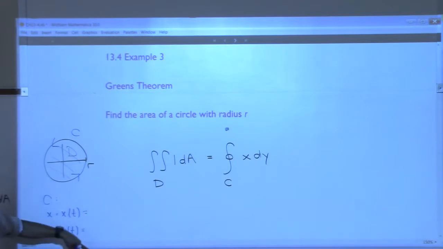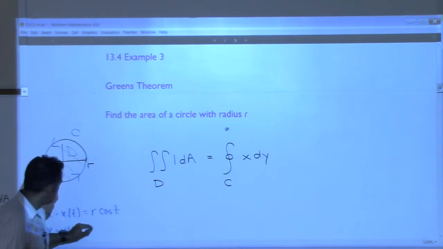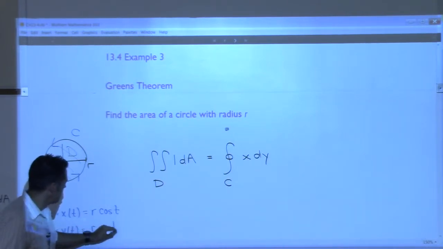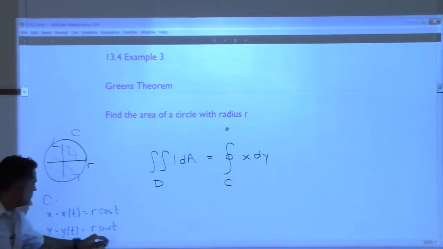So cosine t, sine t, but we want the radius to be r, right? So r cosine t, r sine t, right? And t is going to go between 0 and 2 pi. Agreed?